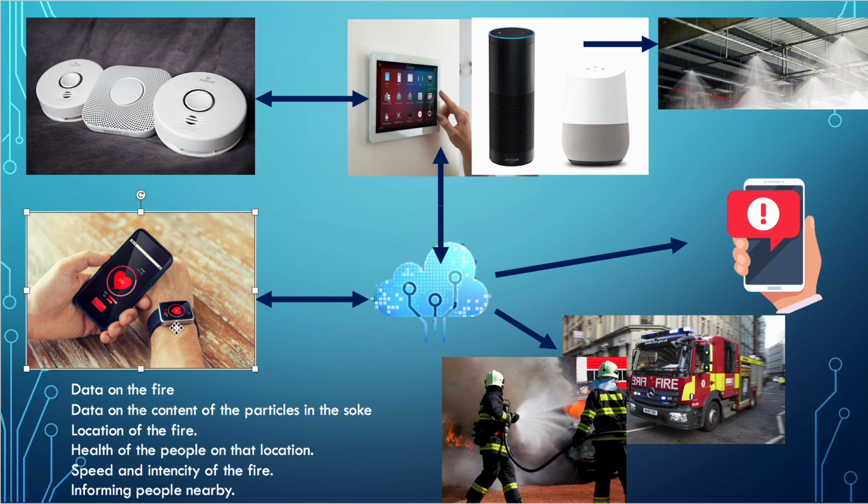By collecting that data, the IoT system would know if there are humans being directly impacted by the fire. If that is the case, that information can be given to the firefighters, to the management, and also to the hospitals to dispatch ambulances when needed.